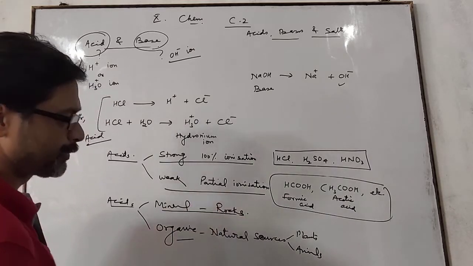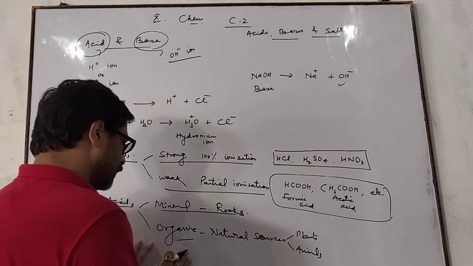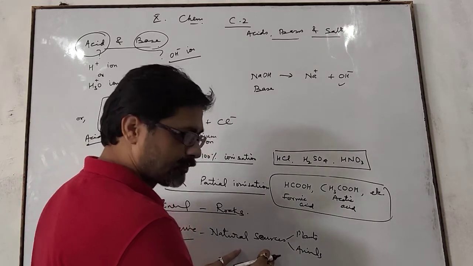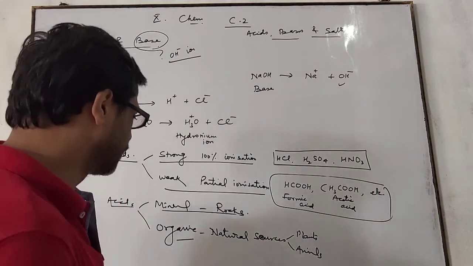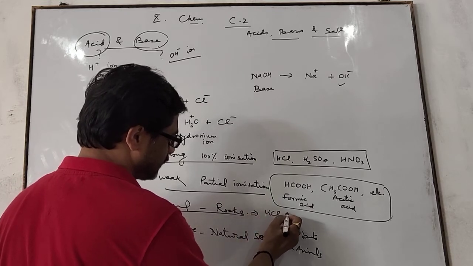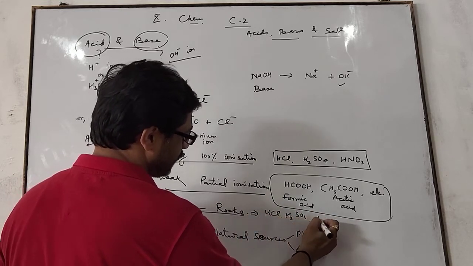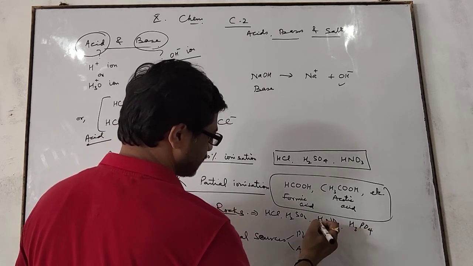Mineral acids are obtained from rocks. They are not found in nature. And organic acids are obtained from natural sources, means you can obtain them from plants or animals. Mineral acids are like HCl, H2SO4, HNO3, H3PO4. This one is phosphoric acid.